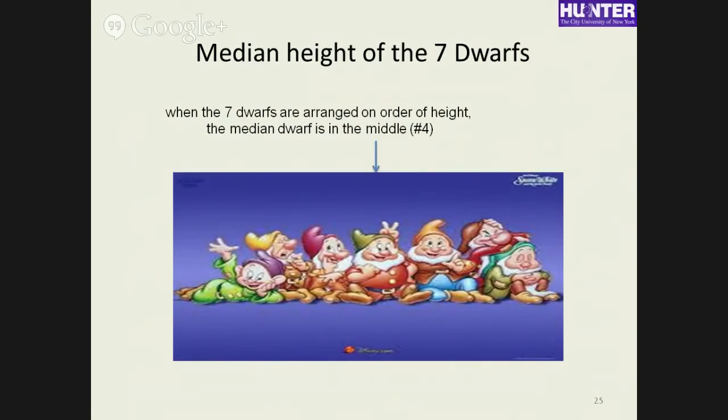As an example, you've got 7 dwarves. The median height is just the height of the middle dwarf, the one sitting in the middle when they're arranged. That's the thing to keep in mind about the median. One is that it's an actual value, unless you have an even number, in which case it can be the average of 2 values.